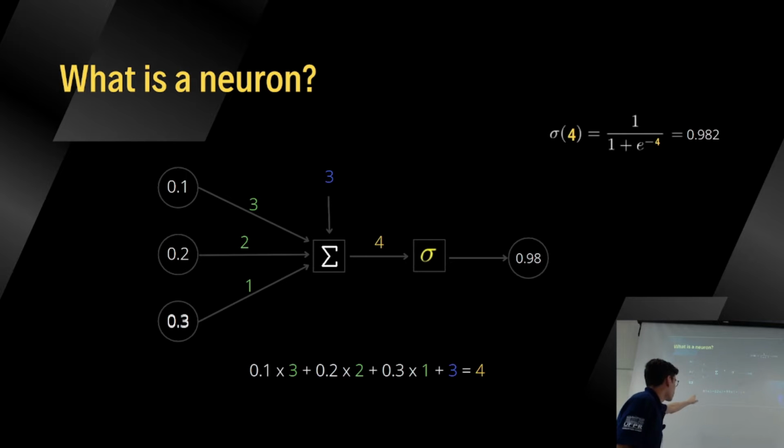This 4 is the answer of the weighted sum plus the bias. You take this 4 as an input to the sigmoid function, and it gives us 0.982. So that's the number that this neuron carries on to the other layer, right?